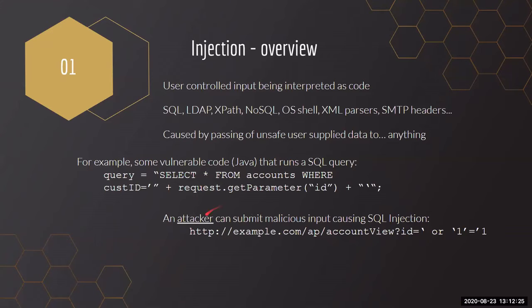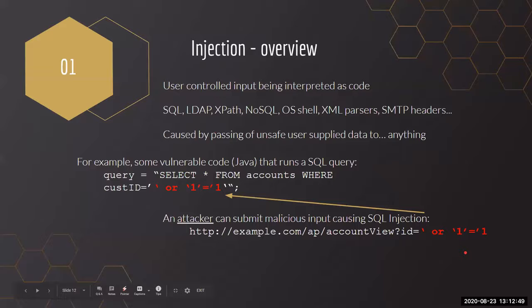Now, a malicious attacker, for example, can submit input that looks really odd, something like this, where it's just an apostrophe, then 1, then an apostrophe equals an apostrophe 1. That looks really strange, and you wouldn't think that would actually result in anything useful. But when that's put into your SQL query, it's concatenated in there, no questions asked.